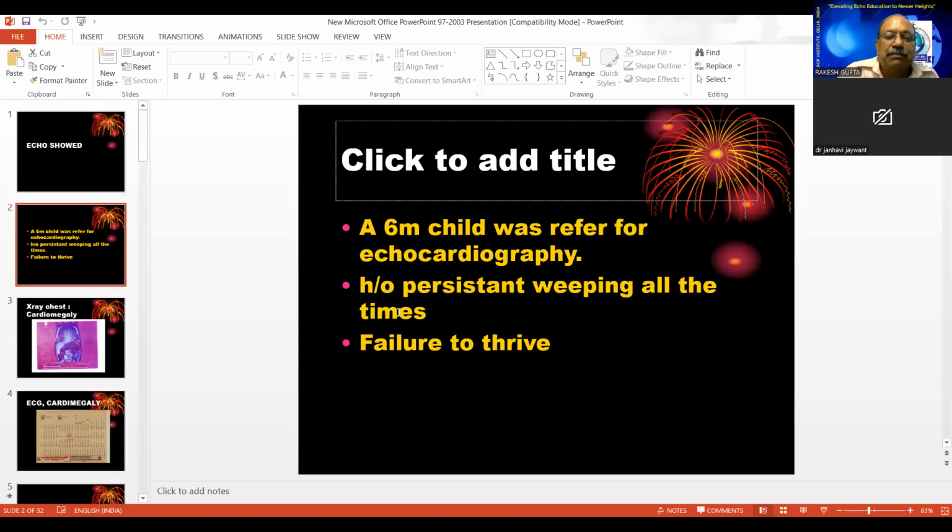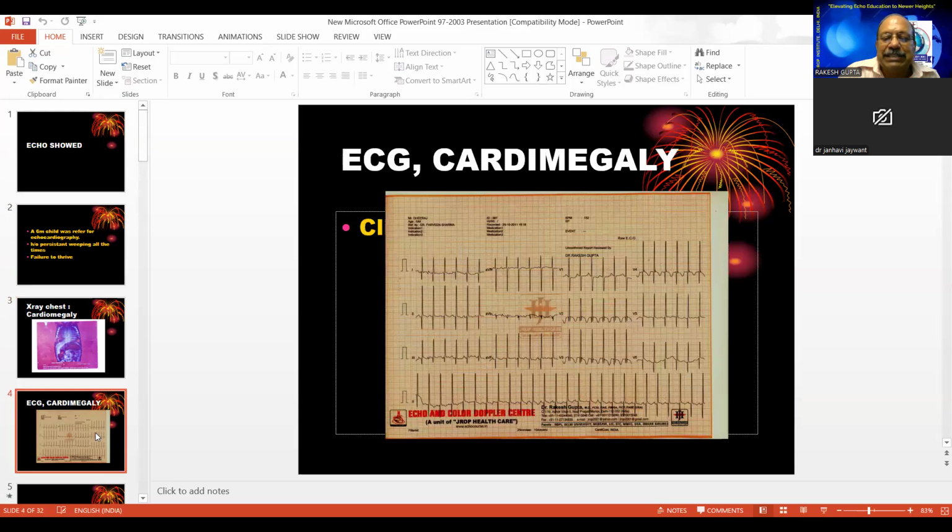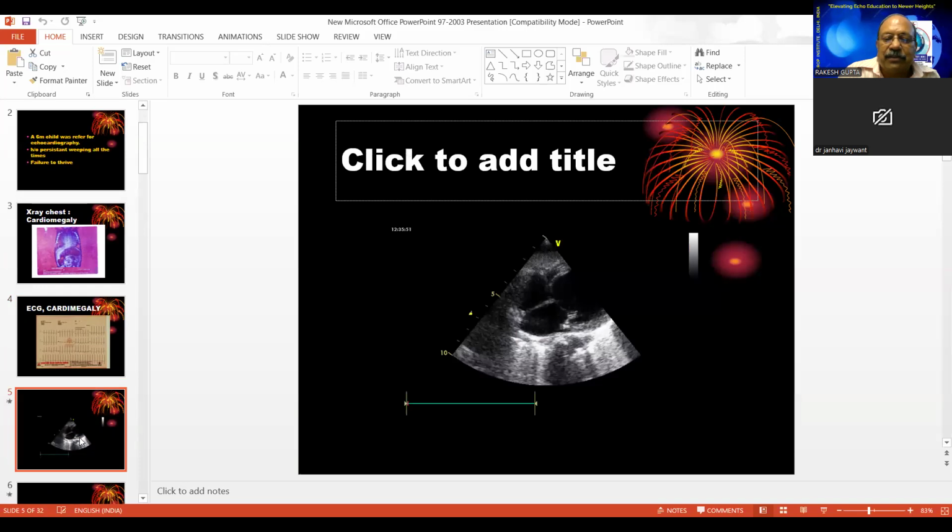Look at this 6-month-old child referred for echo with persistent crying all the time and failure to thrive. This was the child's echo and this is the child's ECG. The X-ray is not very good. It's a quite old collection of cases.